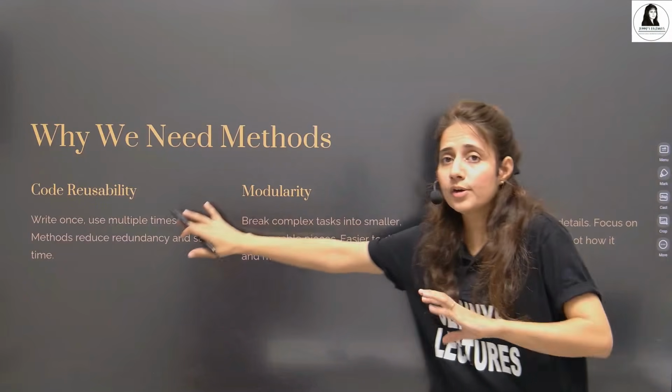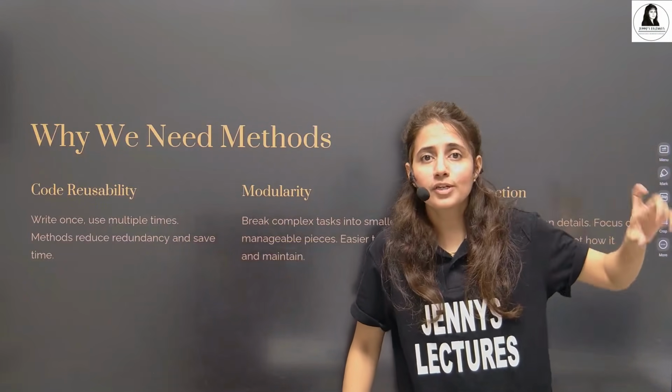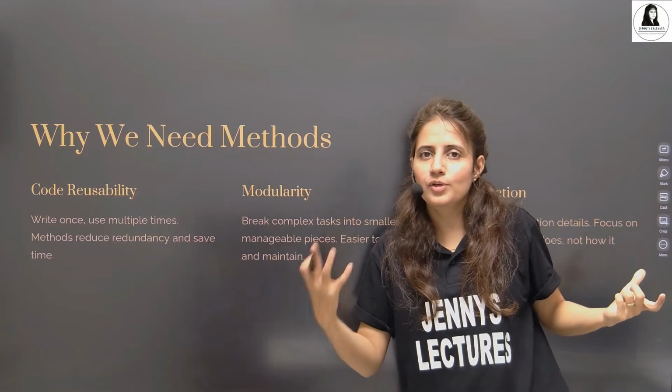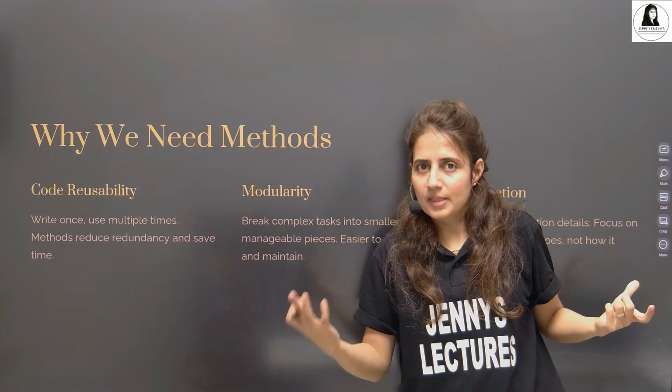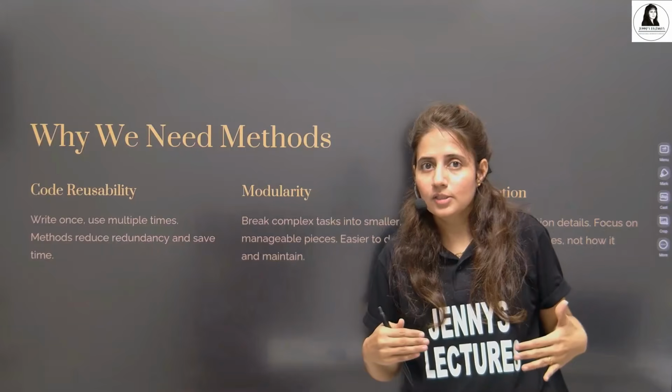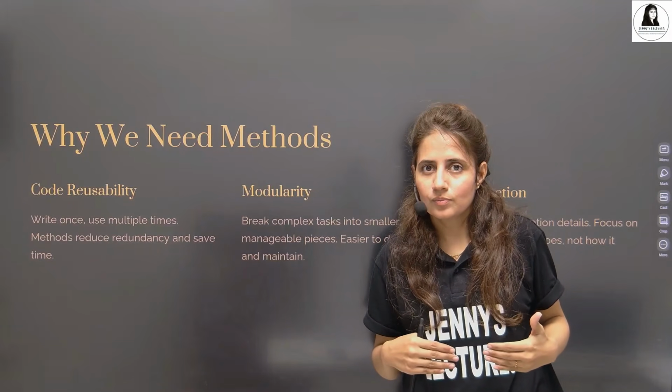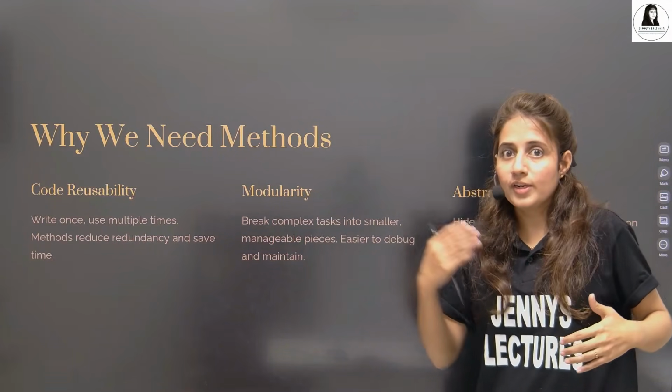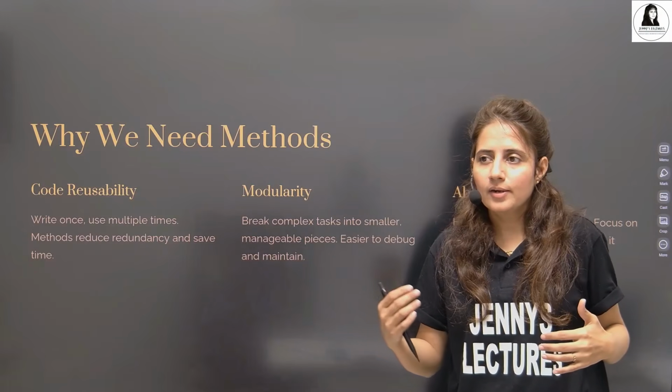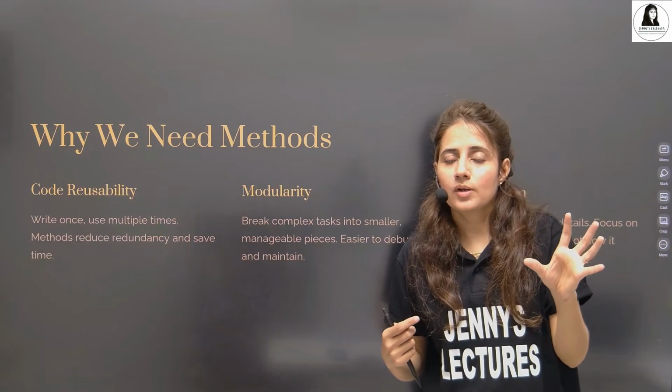Modularity we have discussed. Code reusability, we are again and again reusing the code. So that is one beauty or advantage of using methods, to reduce the redundancy, to reduce the duplication of code, to make our program more organized, and to improve the collaboration as well.